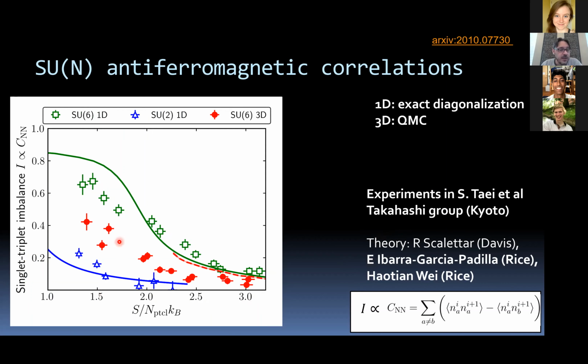So the red data is a simulation of a 3-dimensional material, of these 3-dimensional materials of high temperature superconductors. The red dashed line are the theory results from a very sophisticated theory known as quantum Monte Carlo. And this requires thousands, tens of thousands of CPU hours to get this red curve. And the simulations get harder and harder as you go to the left on this graph.